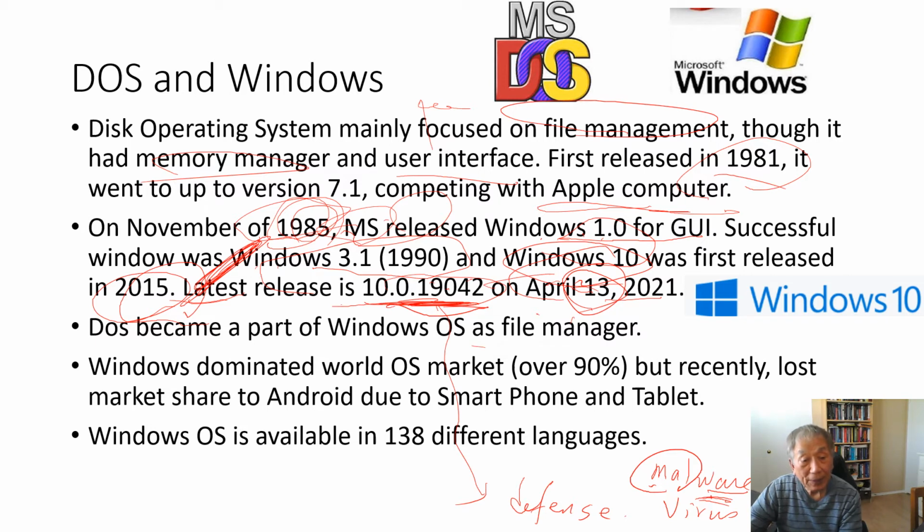Anyway, that's what happened, and then DOS itself became integrated into the Windows operating system, and over 90% of the whole world market is dominated by Windows. What's the other one? Of course, Apple. And then there's Unix. But why is it taking 90% of the market?